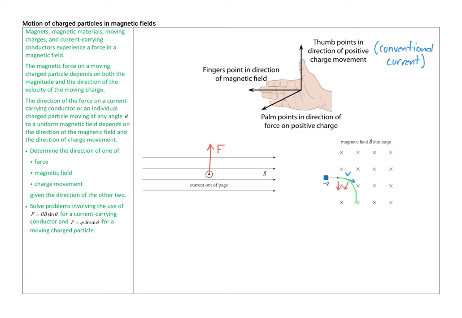How do we determine the magnitude of the force? Well, in the case of a current carrying wire, we use this relationship here. Force equals I L B sine theta, where B is the magnetic field strength. We talked about that in the last video. It has the units of Teslas.